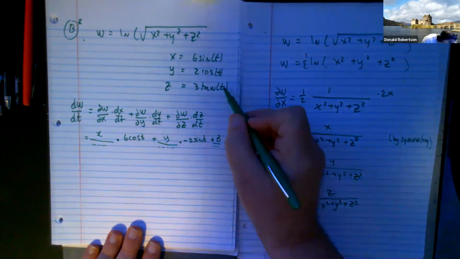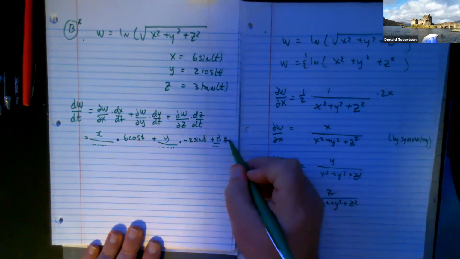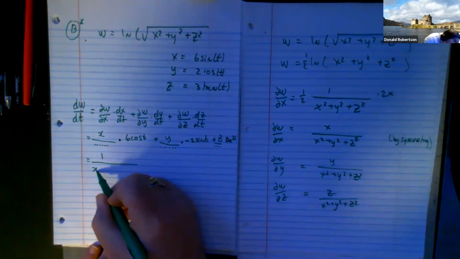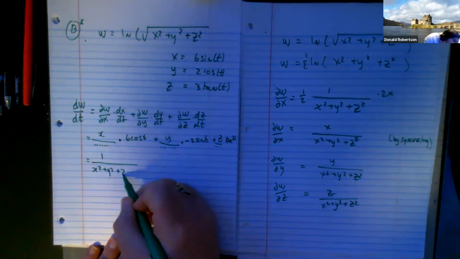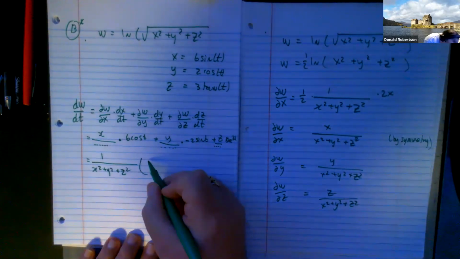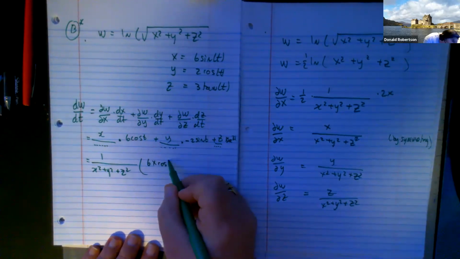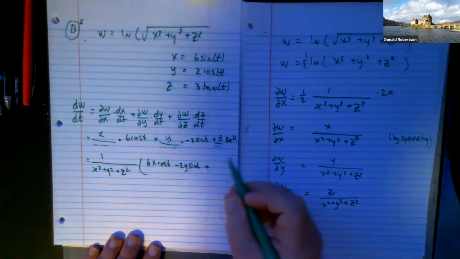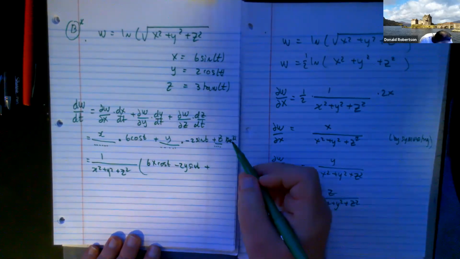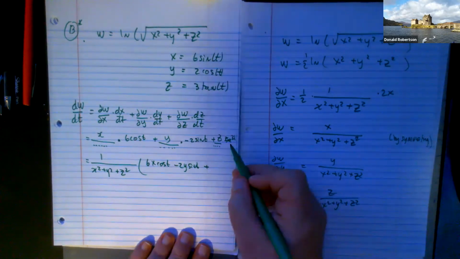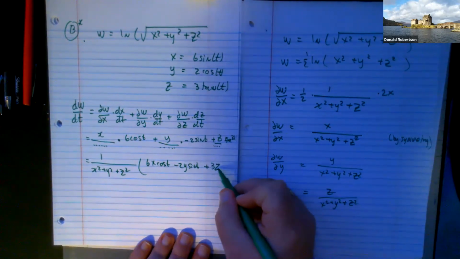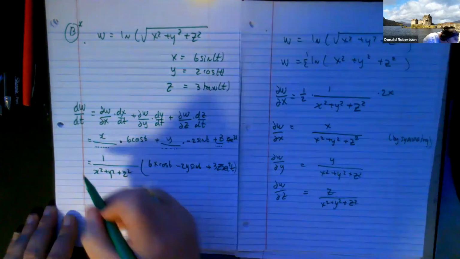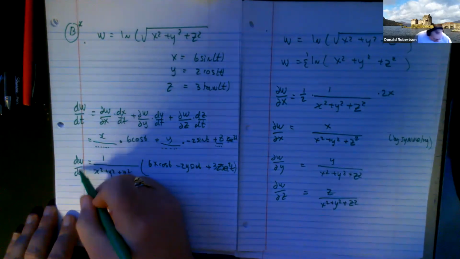And this guy gets me 3 secant squared t. So I could probably bring it out as this is a common factor. And just have 6x cosine t, take away 2y sine t, plus 3z secant squared t. And I'd pretty much call it a day.